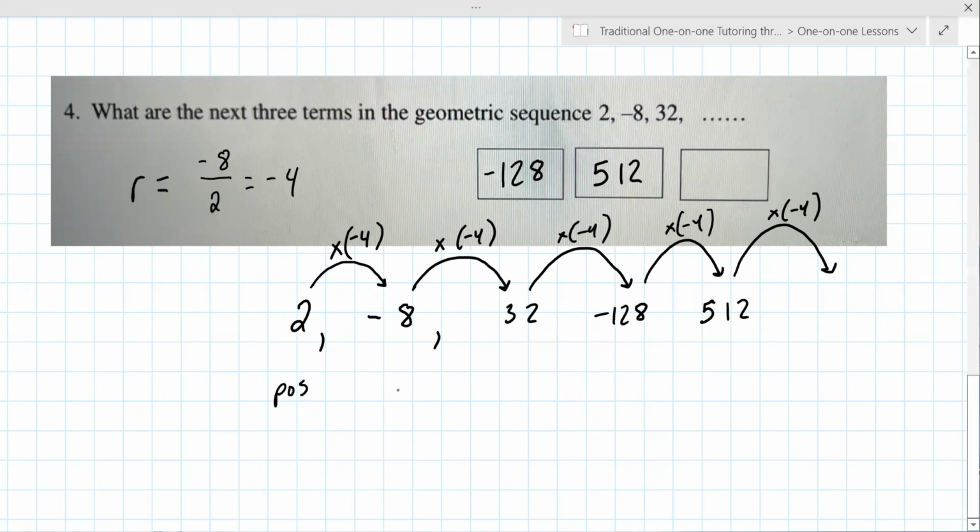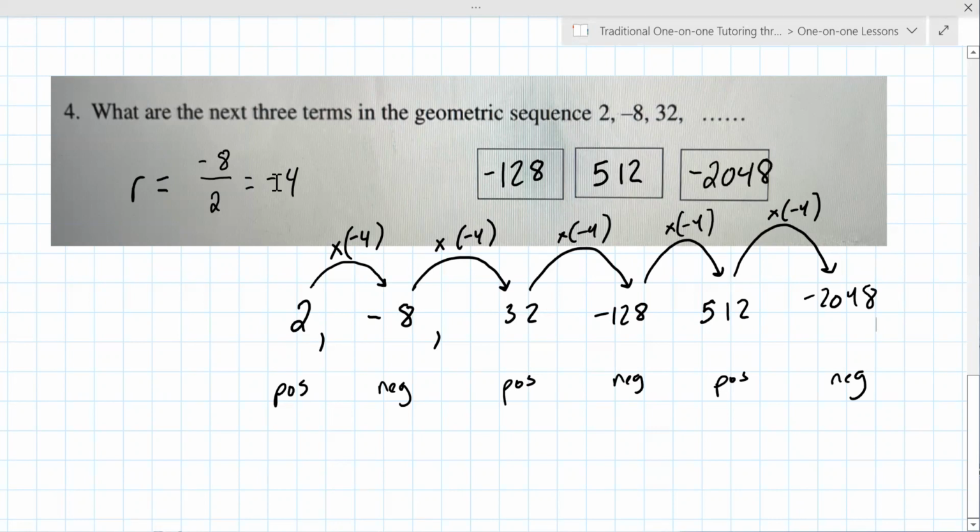Take your time. It's important to get the right answer, and we'll get on to the next question after this. Minus 2048. Perfect.